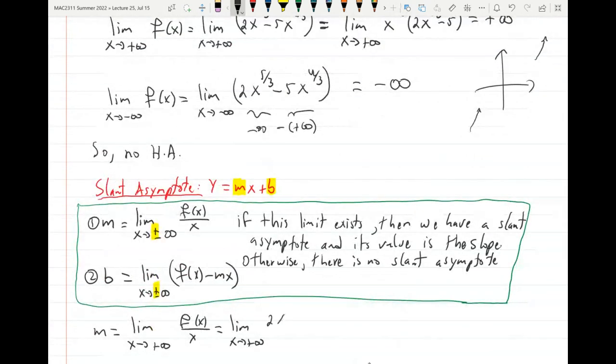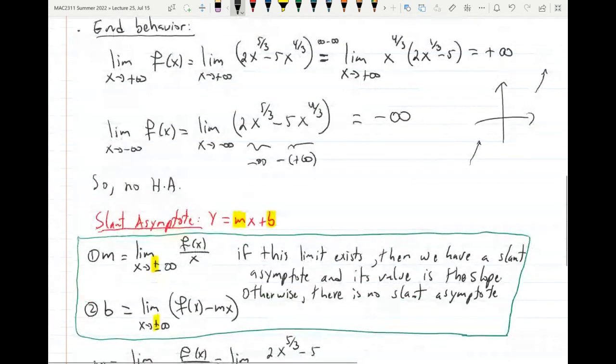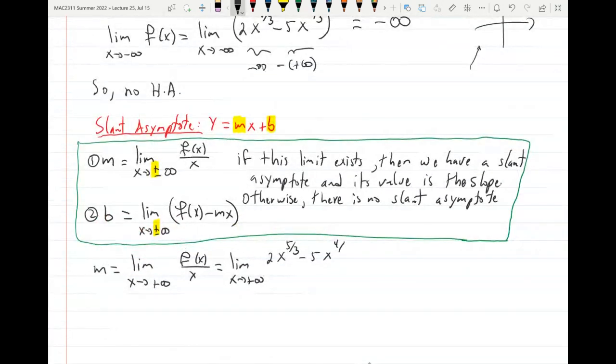Our function is 2x to the 5/3 minus 5x to the 4/3, divided by x. Notice when you divide by x, what do we get? I'm going to get 2 times x to the 2/3, since 5/3 minus 1 is 2/3, minus 5 times x to the 1/3, since 4/3 minus 1 is 1/3. So notice that the x survives, so we are not going to get a number.